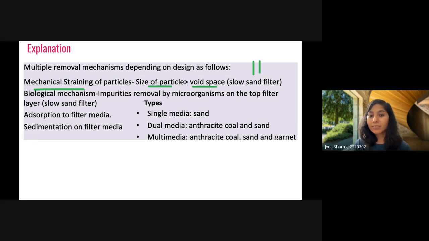Then biological, that will remove the microorganism. Adsorption to filter media, and there will be sedimentation on filter media. And we can use single media, dual media, or multimedia for this filtration step.